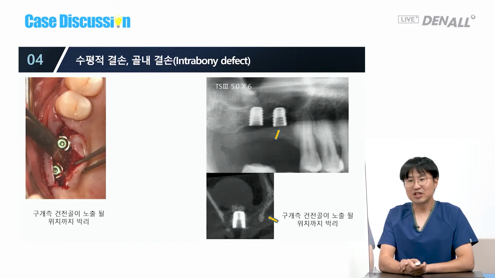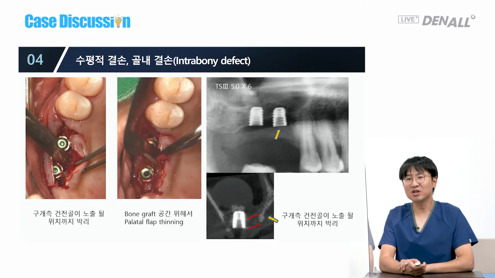So importantly, if you are to graft a bone, dissection until the sound palatal bone is exposed is very important, so that that part will come in contact with the bone, and after the implant placement for bone graft, the space should be maintained. So it is important to thin the palatal flap where the soft tissue or granulation tissue has grown.